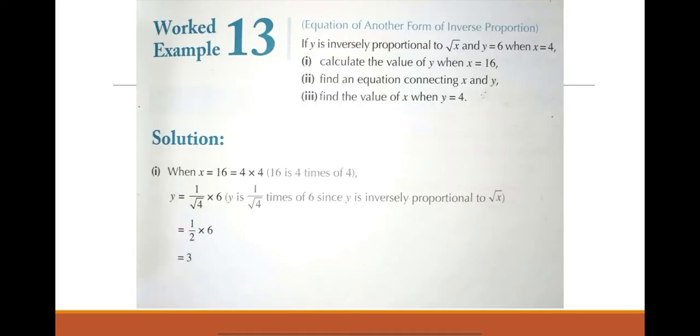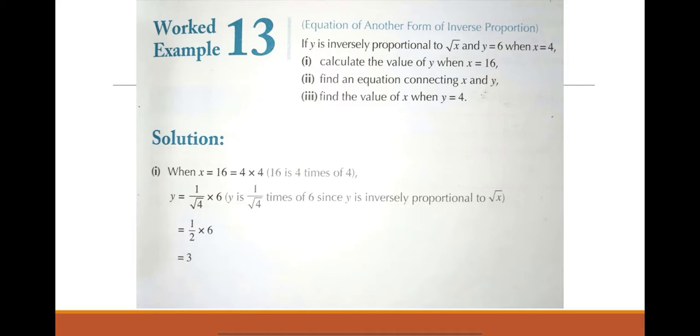But what you can see here is not y equals k over x. Instead, y equals k over square root of x. Now, how did this happen? Let's go back to the question. It says y is inversely proportional to the square root of x.